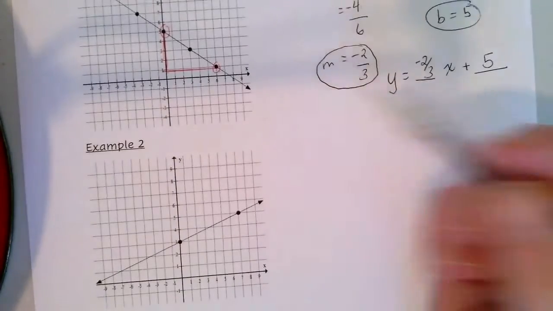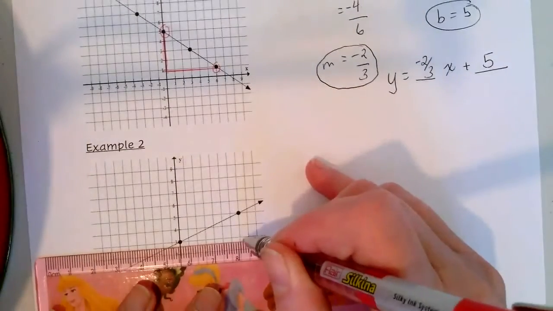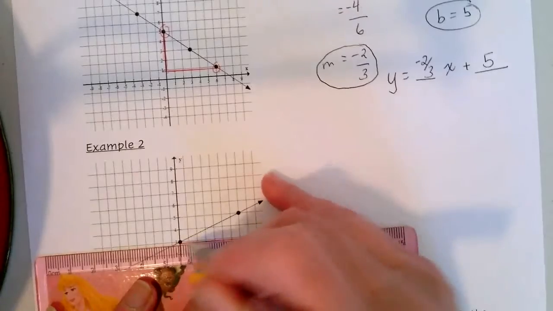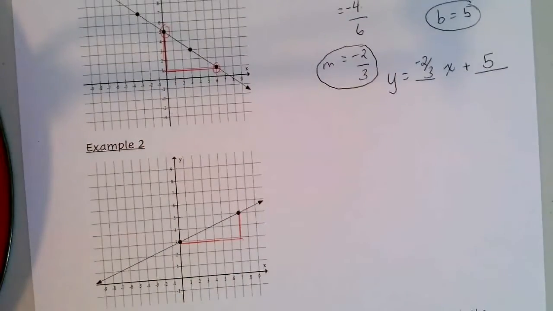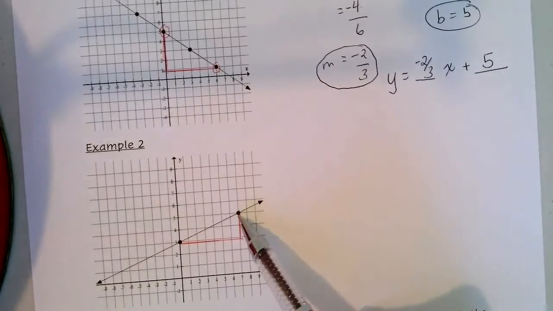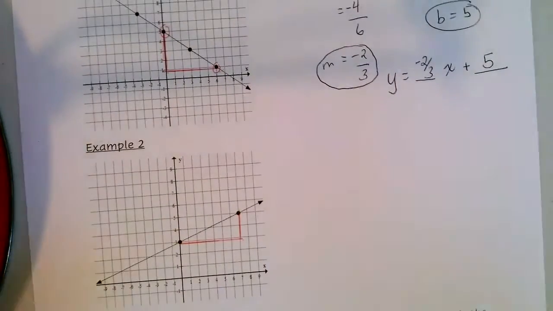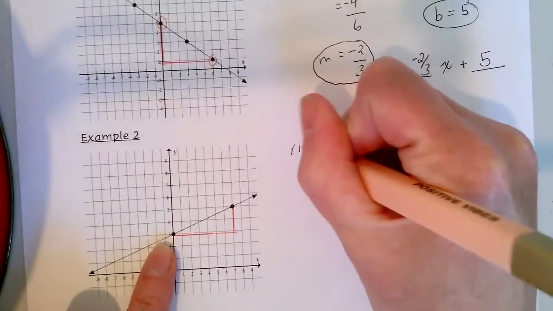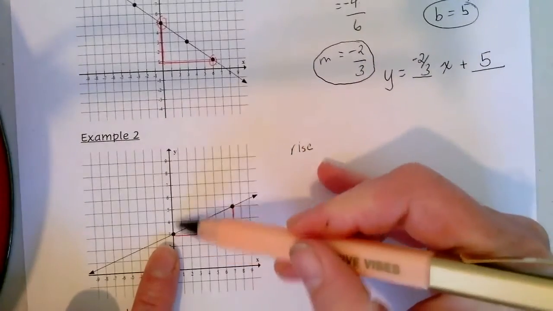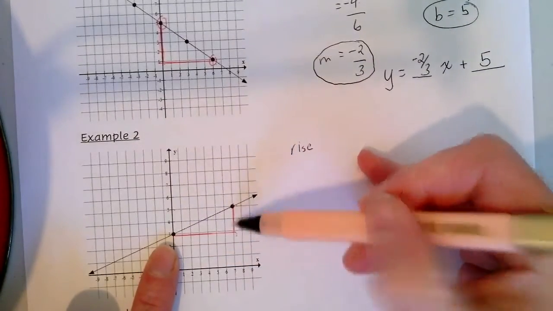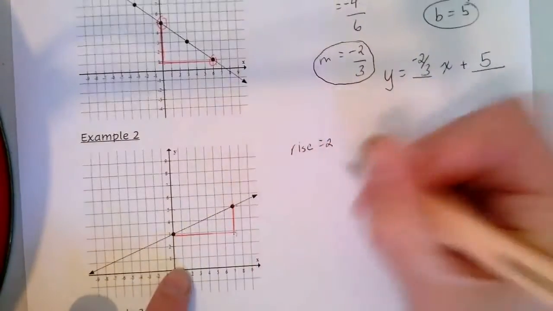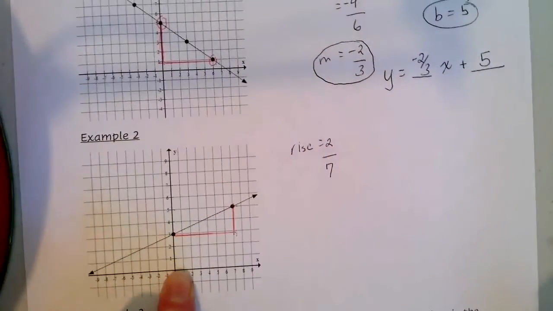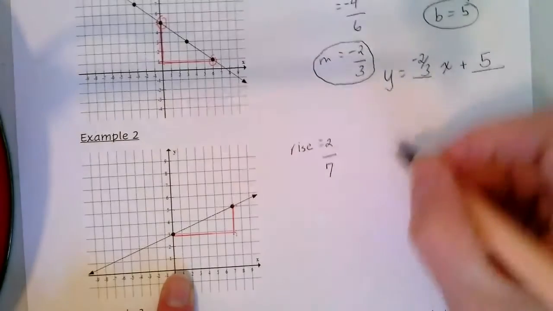I'm going to calculate my slope by drawing in right triangles, going from this point to this point. The rise is positive 2. There was an up 2, and I also went forward 7. So that means my slope is 2 over 7.